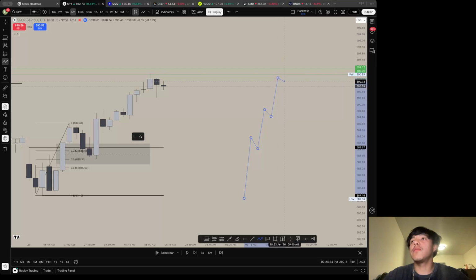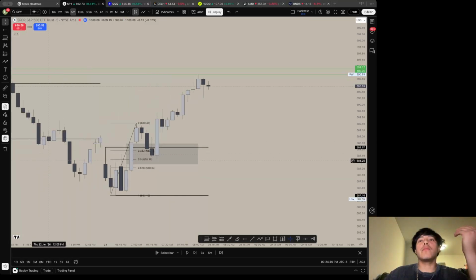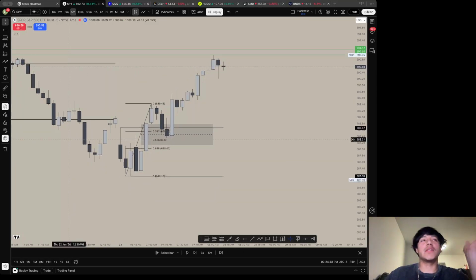It's not just going to go parabolic. It has to somewhat retrace, because it doesn't make sense to continue higher without liquidity, which is essentially the money in the market. You could say people's orders need to get filled and whatnot.